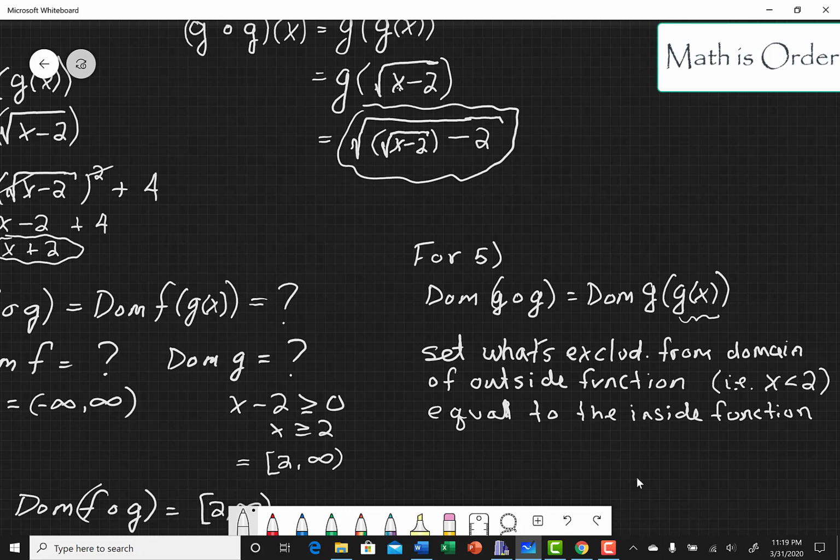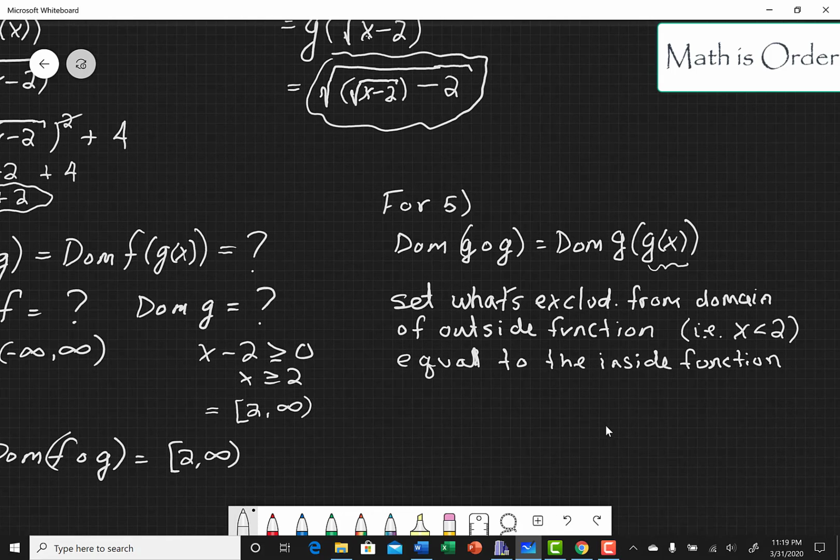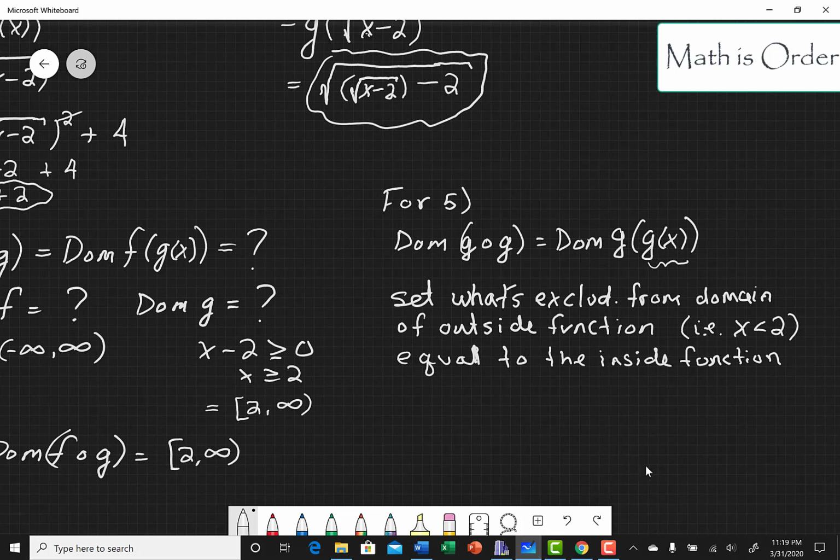And the inside function is g. So we're going to say here that the square root of x minus 2, which is the inside function, we set not equal to, but in this case, less than 2. Just 2 like this, right?